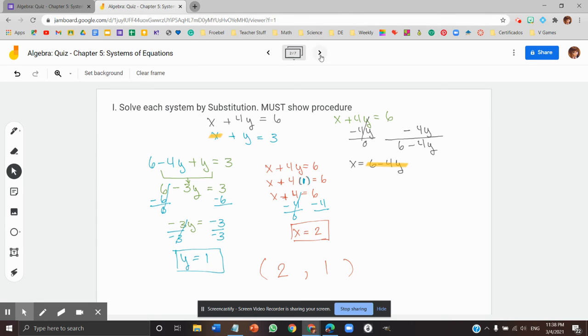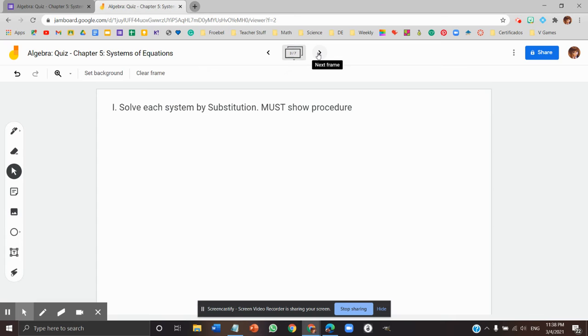Let's just do one more exercise about substitution before we get to elimination, okay? So let's say that I have another one, and this one is number 4. This one is 4y minus 5x equals 9.